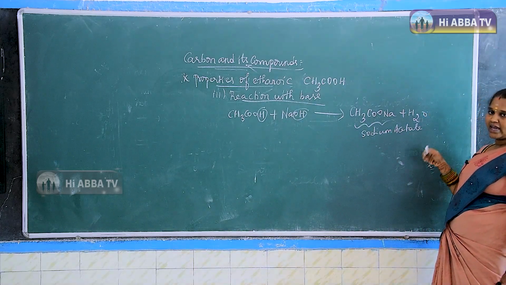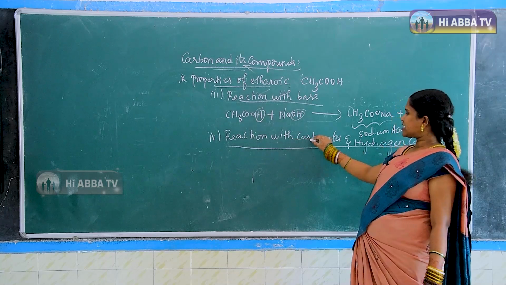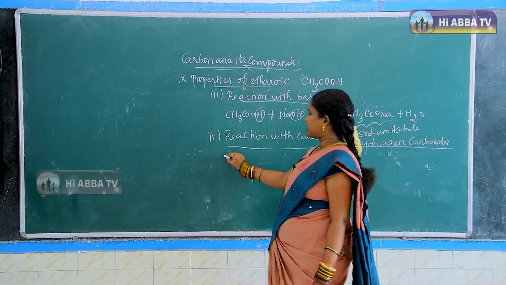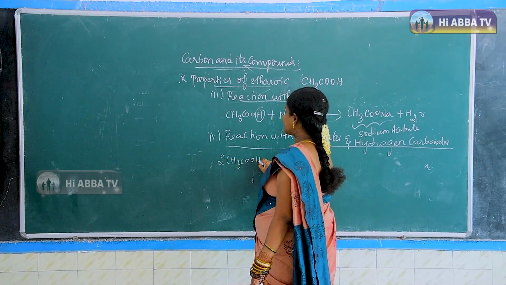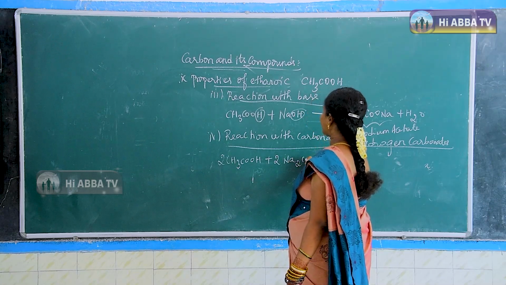When ethanoic acid reacts with the base, it gives sodium acetate and water. So the fourth reaction we are going to discuss is reaction with carbonates and reaction with hydrogen carbonates. Here also I am going to take ethanoic acid that reacts with sodium carbonate.